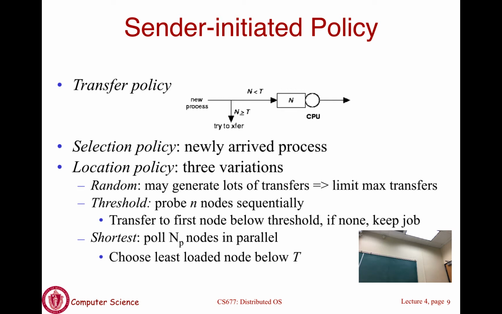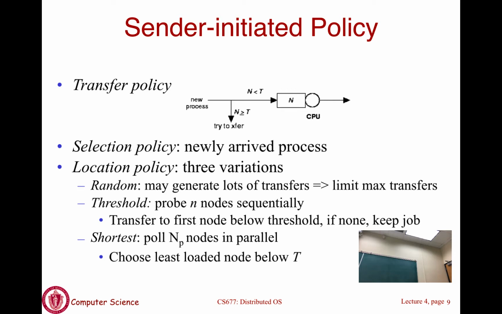You haven't even set up the process. So if you just execute that command elsewhere, that's the easiest thing to do. If you had an actual process and you wanted to move it, that's very complicated. That requires something called process migration, which we will come to. If you just start executing this command somewhere else, that's the easiest thing. So that's what we mean by newly arrived process, the one type of job we prefer to move.